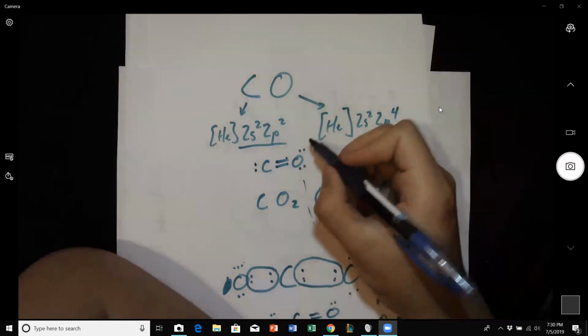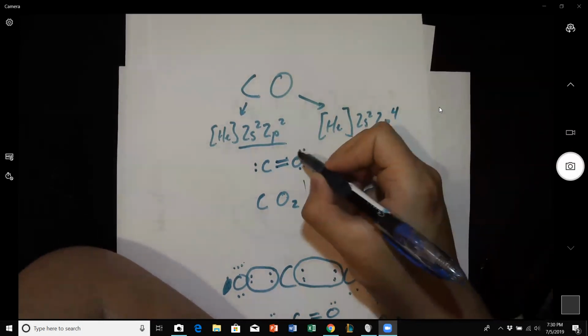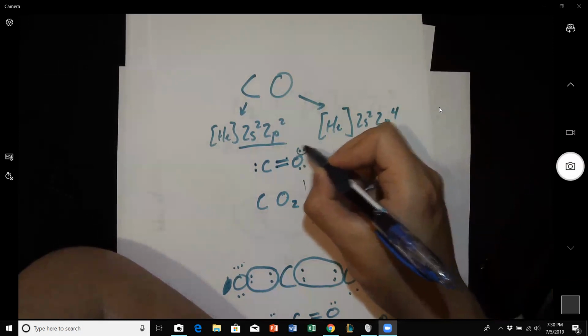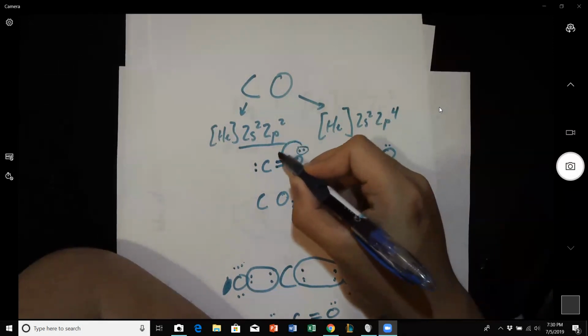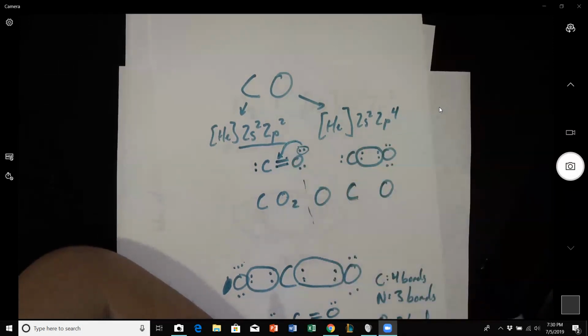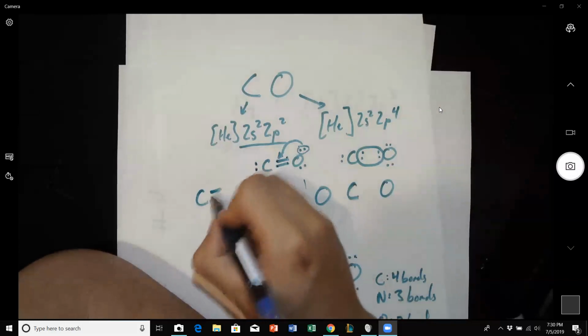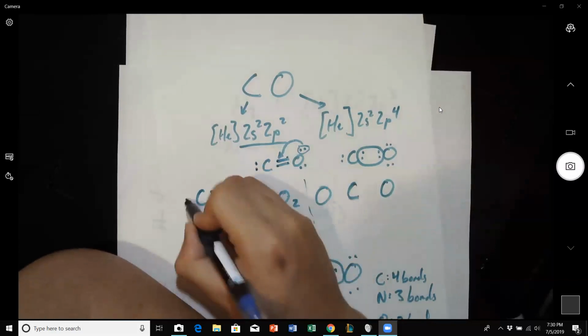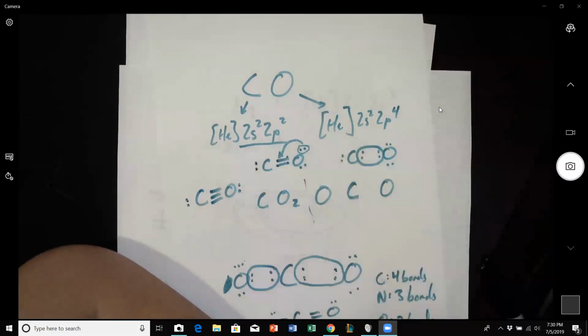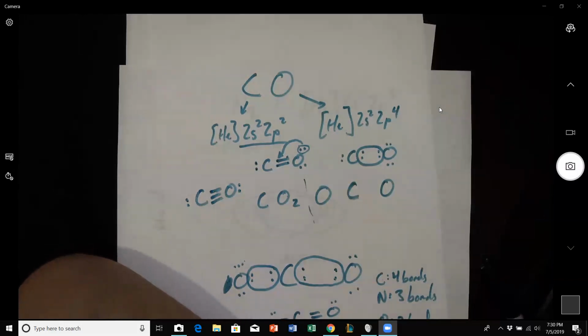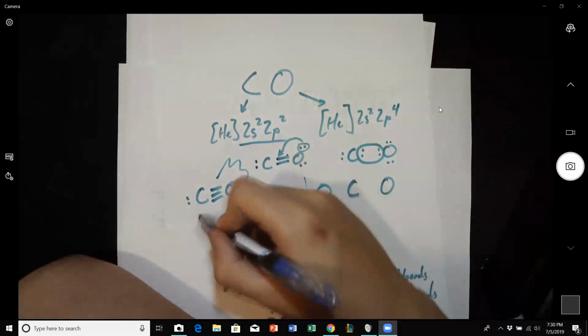So how do we solve this? We take the 2 electrons on the oxygen, and then we move them to form a bond. Usually when we draw the movement of electrons, we draw an arrow. And then the end result is this. I want you to confirm by yourselves that this follows the octet rule. Okay?